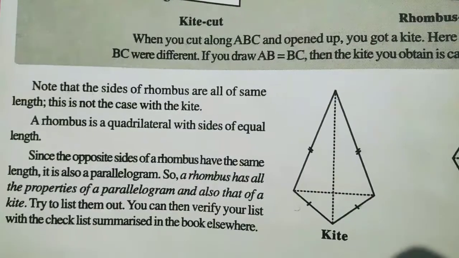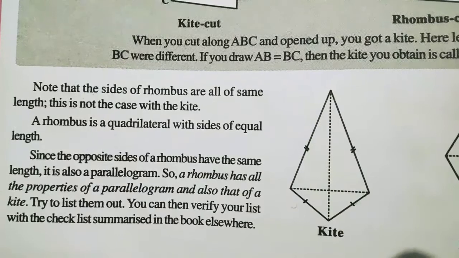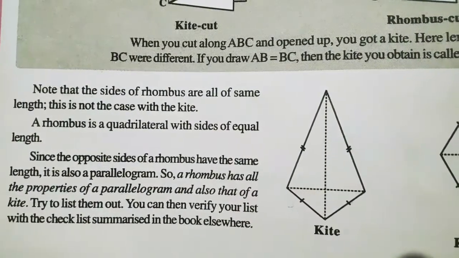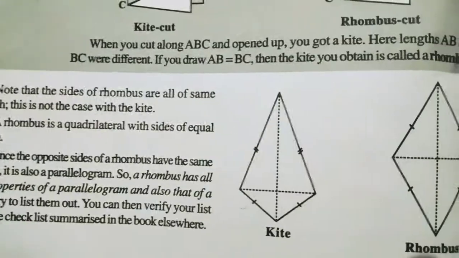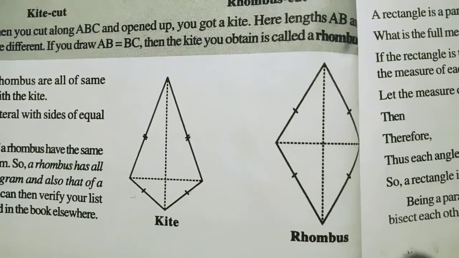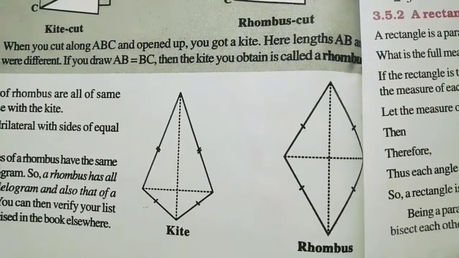But what unique property is there in a rhombus so that it is differentiated from other figures? Every figure has some distinct feature so that it is differentiated from other figures. So what is the main unique property of a rhombus?